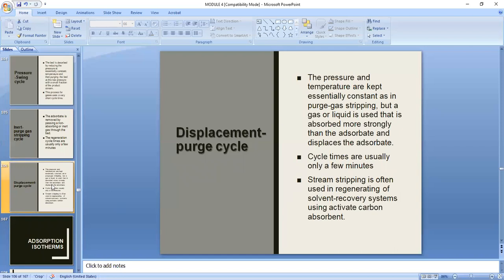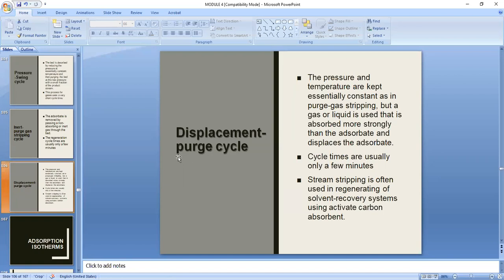The pressure and temperature are essentially constant, so this is a modification of both the temperature and pressure swing cycle, because this time both temperature and pressure are kept constant. This is similar to the purge gas stripping, but a gas or liquid is used that is adsorbed more strongly than the adsorbate and displaces the adsorbate.